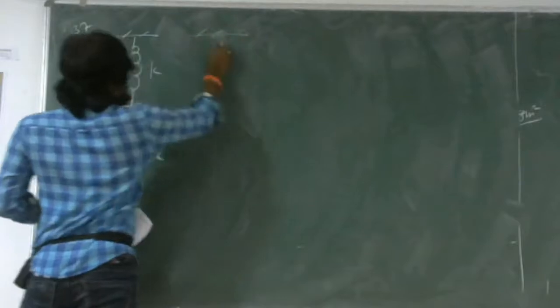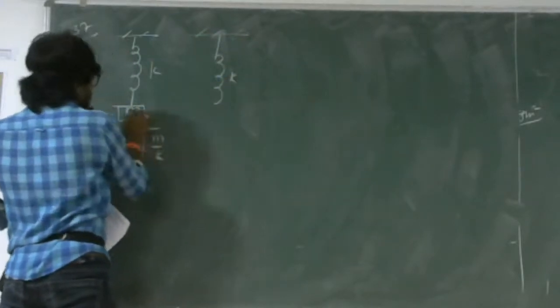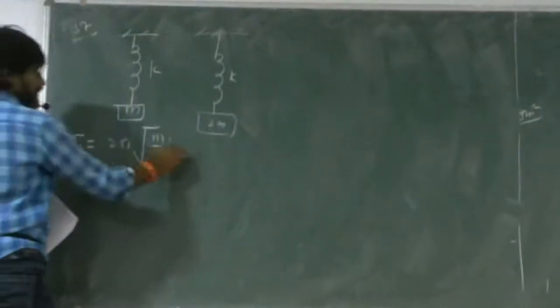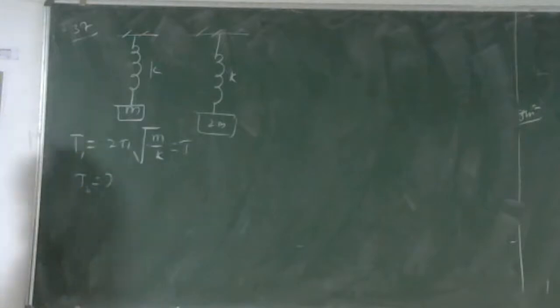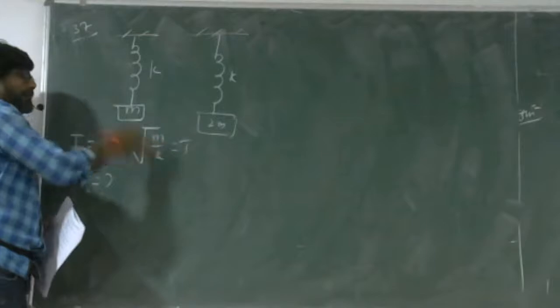Now, the second case. To the same spring of spring constant k, along with this body, another body of the same mass is attached. So the total mass becomes 2m. T1 is equal to, let us say, T. So what is T2 is the question. T2 is 2 pi into root of, what is the mass here? 2m by k.